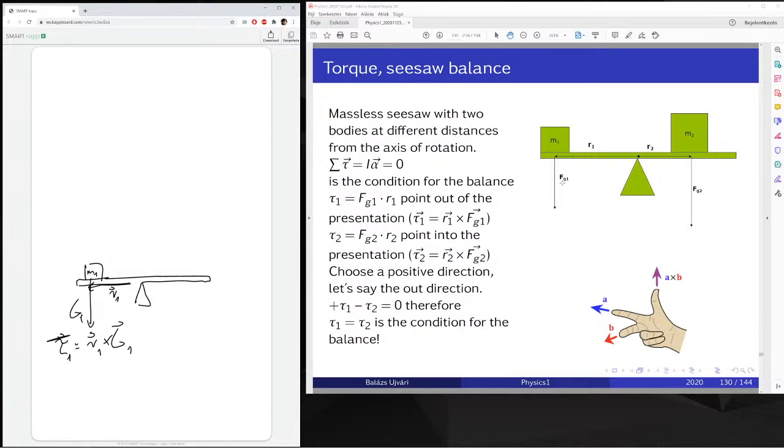Just look at this plot and these directions.